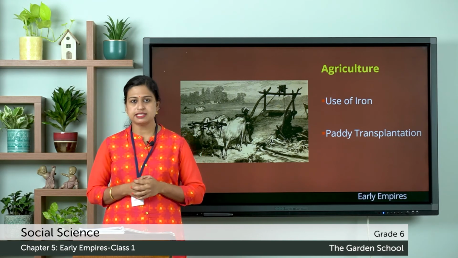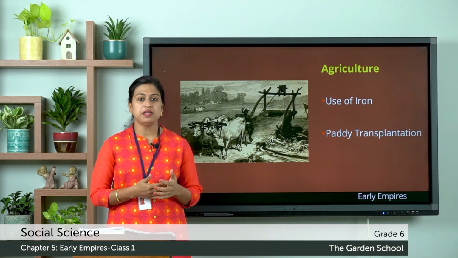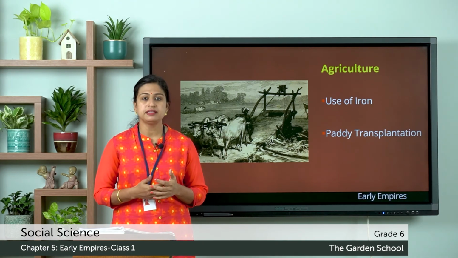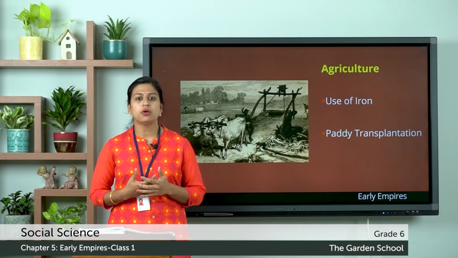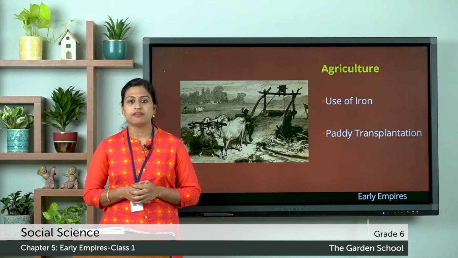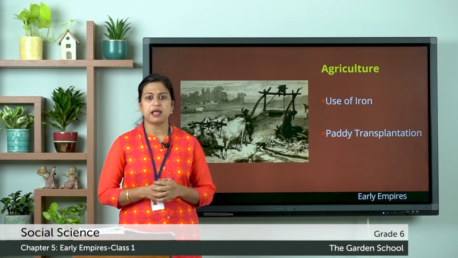So here during this period, iron was extensively used. That means iron was used for making tools and implements, and these tools were used in agriculture. So iron became an important part of their life. The next one is the technique of paddy transplantation.